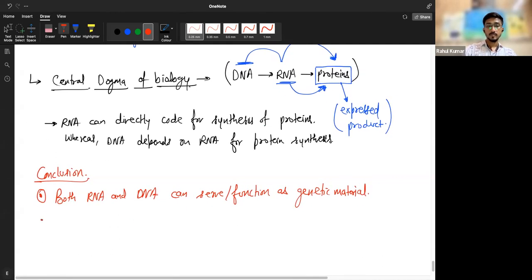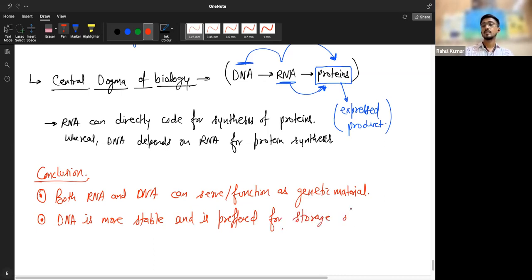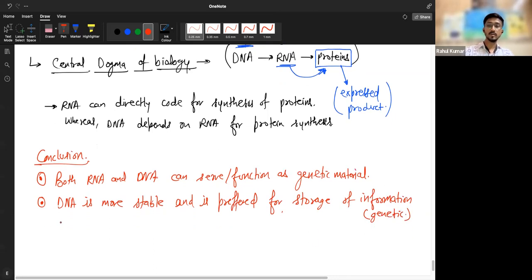Correct? But also what is true is that DNA is more stable, and is preferred for storage of information. So if you have to store the genetic information, which one will you rely on, DNA or RNA?